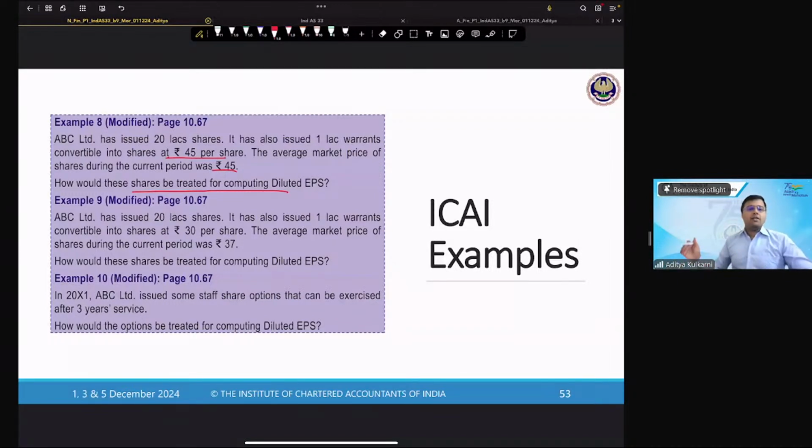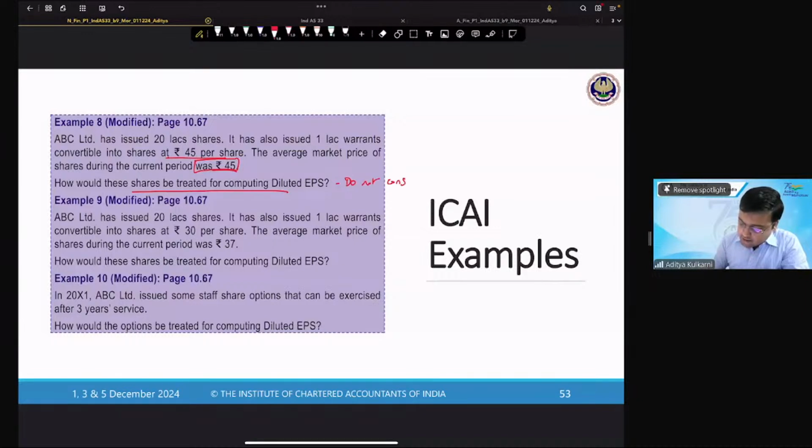What is the fair value of the shares? 45. You have issued warrants at what price? 45. So you have issued at market value, right? So therefore, is there any bonus element for these warrants? No, sir. So what will you consider? You will not consider anything for the purpose of diluted earnings. Anti-dilutive. Okay.